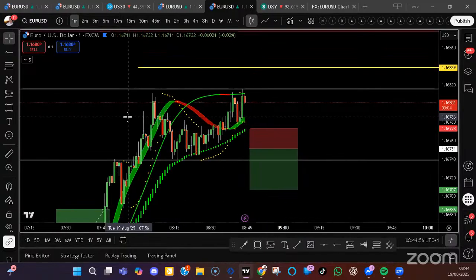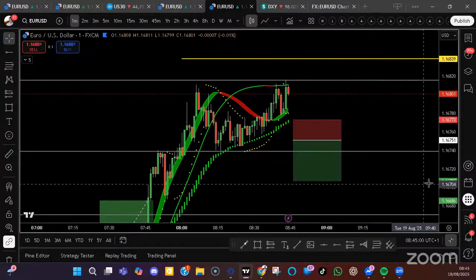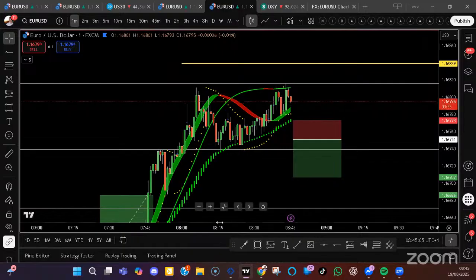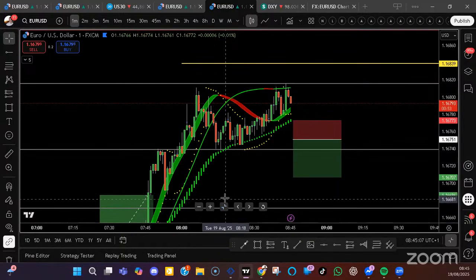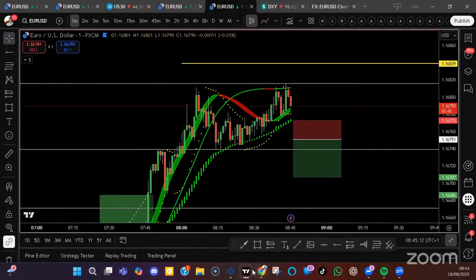Because if there is a higher trend going on or a lower trend going on, it's usually between 7 and 9 when you can see that a lot more clearer. Not always.